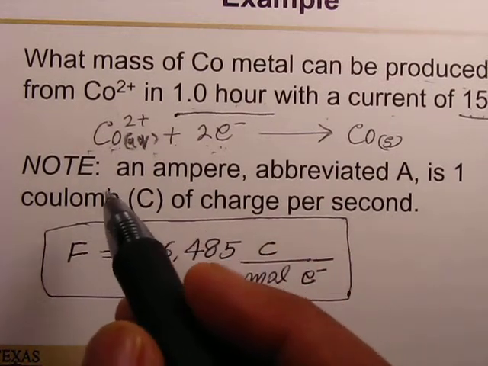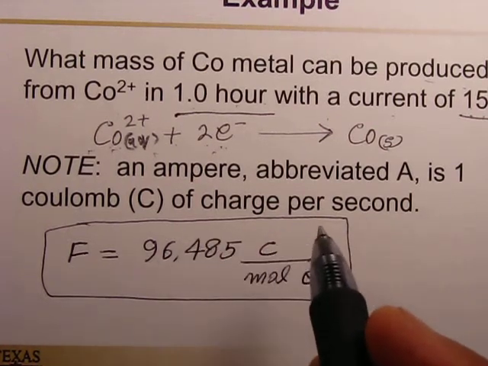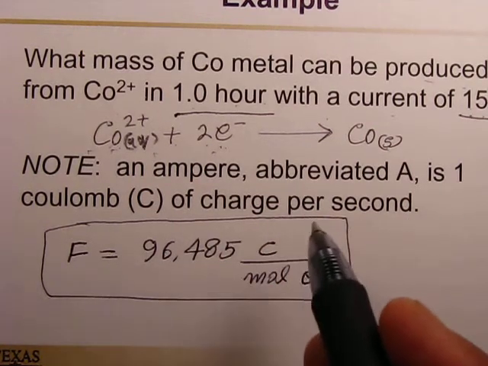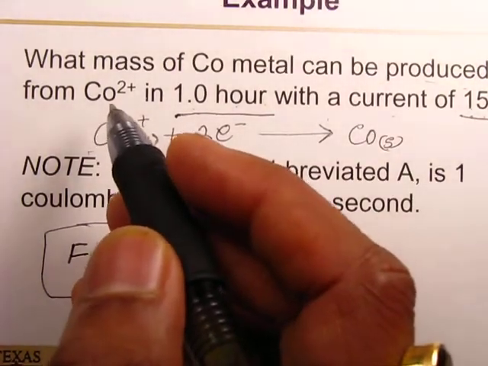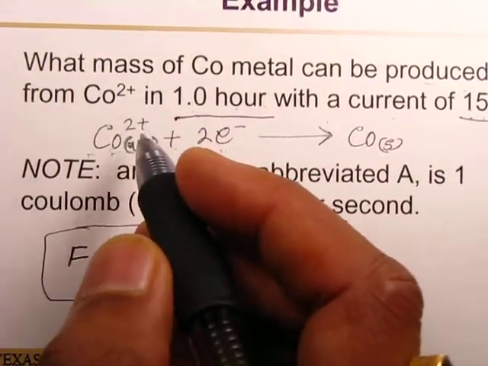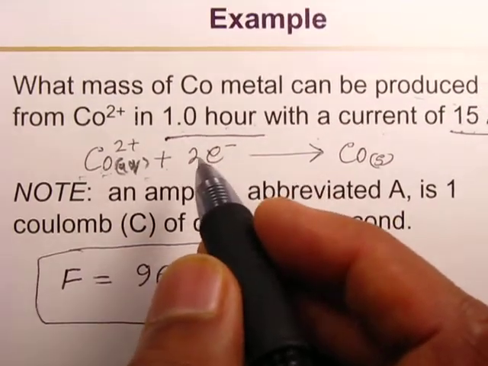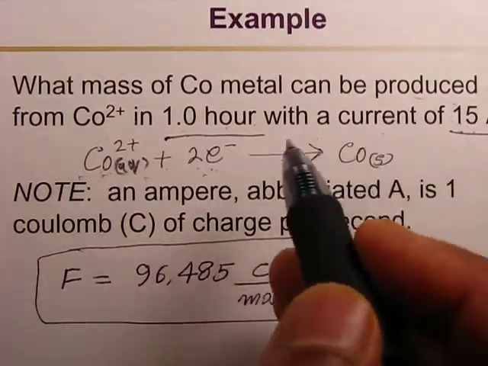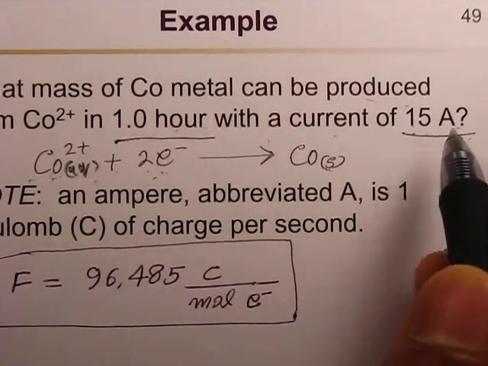An ampere is 1 coulomb of charge per second. Here the cobalt is in aqueous solution, and we are passing the current for 1 hour. How much current are we passing? 15 ampere.